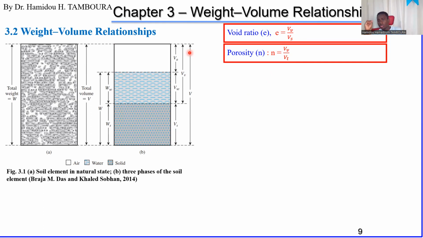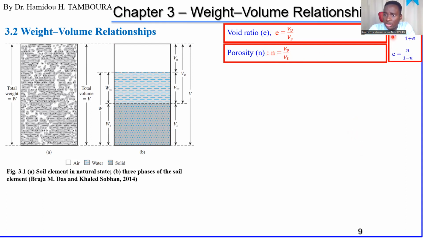This is also a kind of ratio to see, in the total volume, the amount, I mean the percentage, of void in the total volume of soil. That is also important. So don't confuse these two. And it's very common to get one from the other.